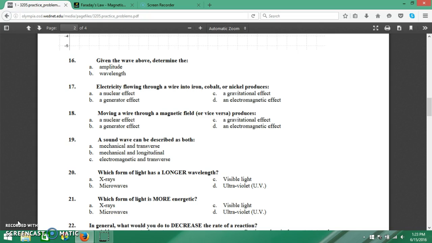But 17, you probably looked at the answer, but it says electricity flowing through a wire into iron, cobalt, or nickel. You might remember that you did one of those Google forms before, looking at elements that were ferromagnetic: iron, cobalt, and nickel, as well as one that I didn't even realize, gadolinium.